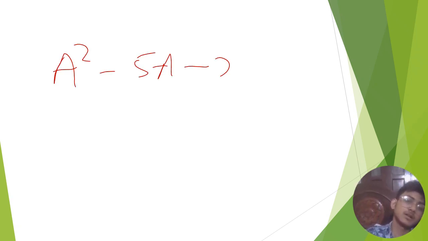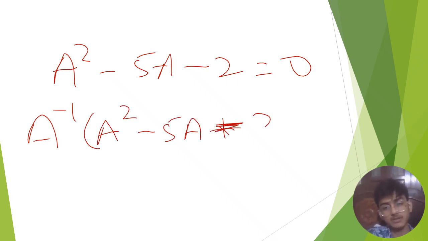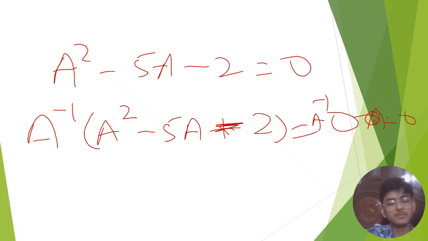Now some more things you have to understand. If we pre-multiply by A inverse on both sides, what will we get? You just see. Here also pre-multiplication, but the right side will be 0 only, so I wrote it directly as 0.